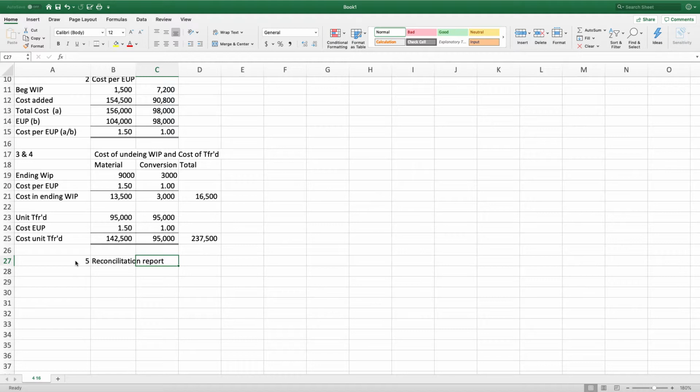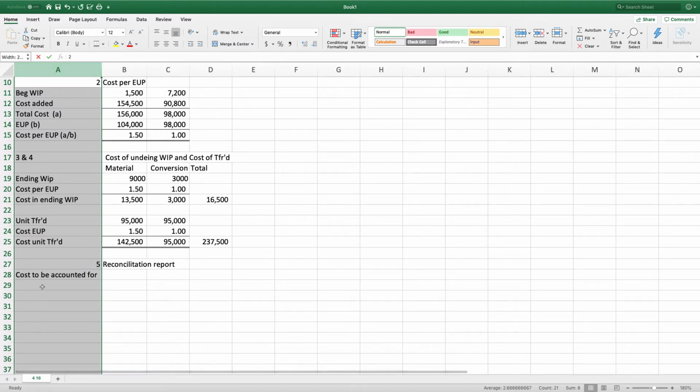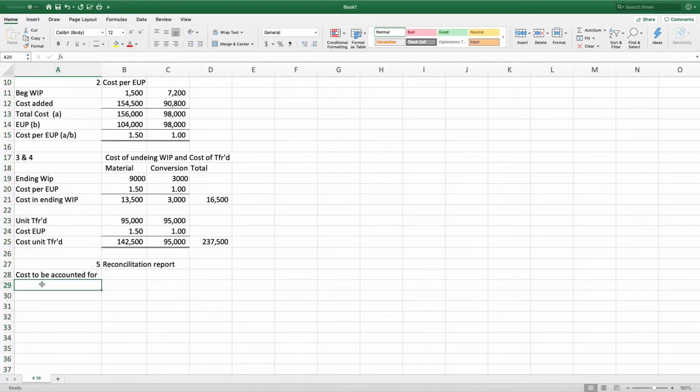So my costs to be accounted for. The first thing I got to look at is the cost of WIP inventory in the beginning.